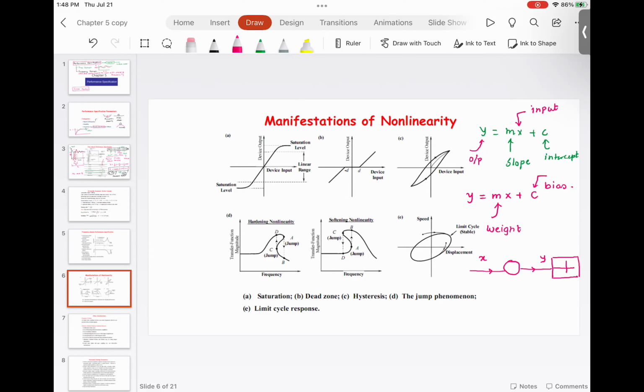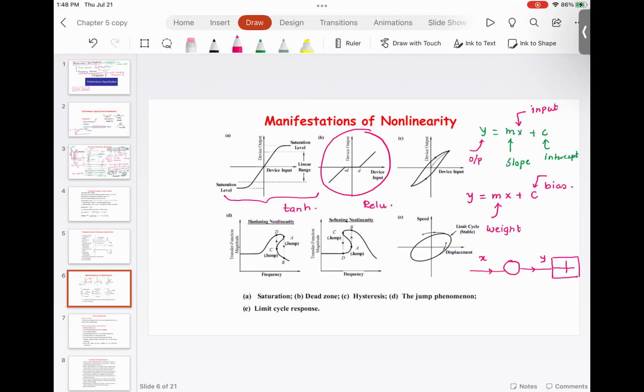This activation function, believe it or not, could be something like this, which is called ReLU, or it could be something like this, which is called the tanh, or people have experimented with hysteresis-type nonlinearity.